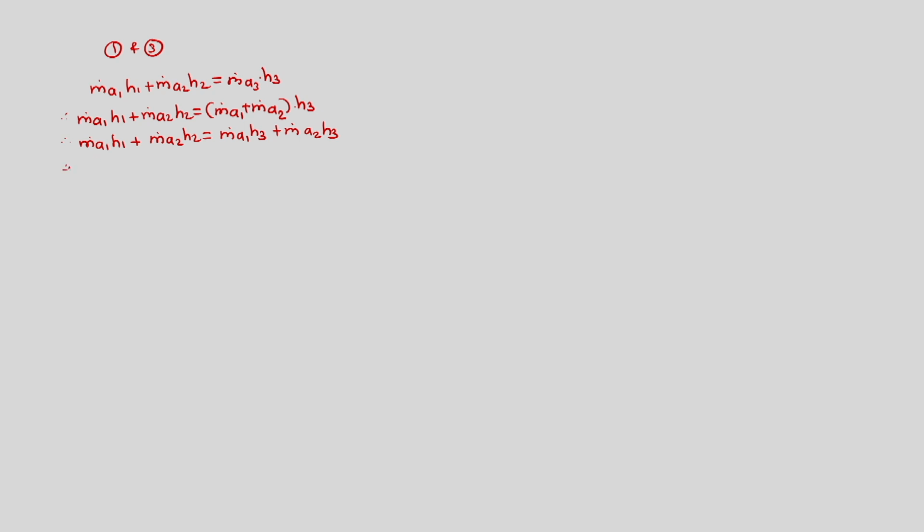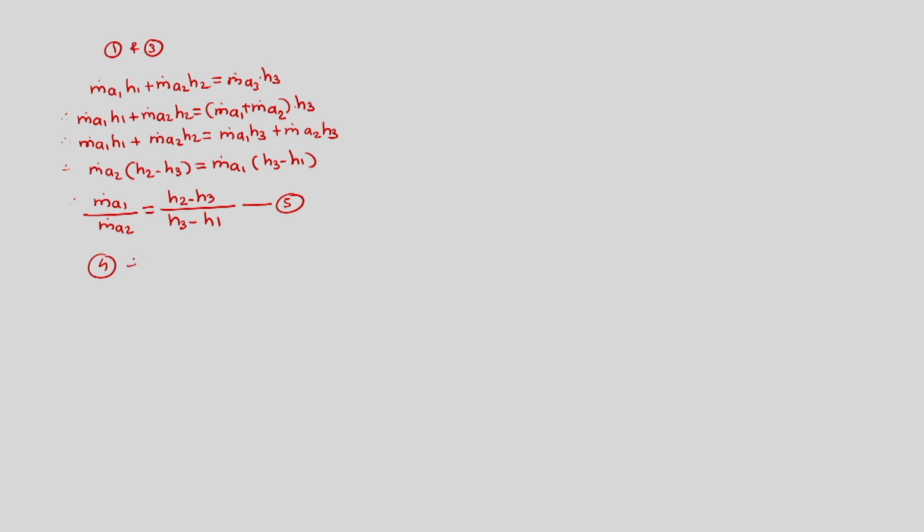So we have m dot A2 into H2 minus H3 is equal to m dot A1 into H3 minus H1. So we have m dot A1 divided by m dot A2 is equal to H2 minus H3 divided by H3 minus H1. So this is equation number 5.